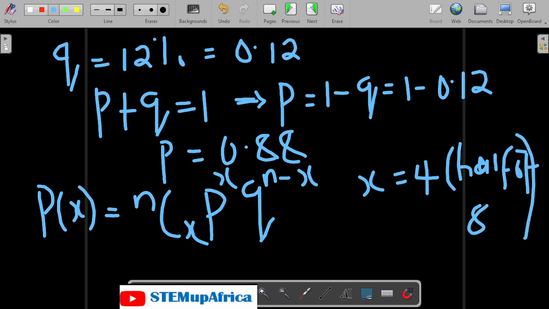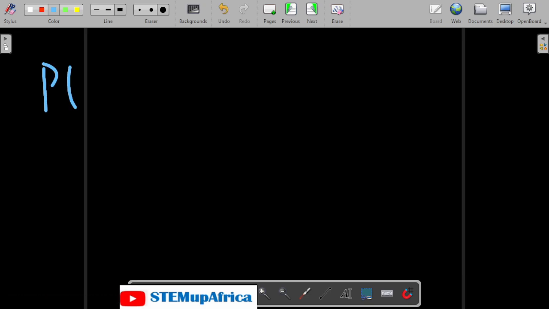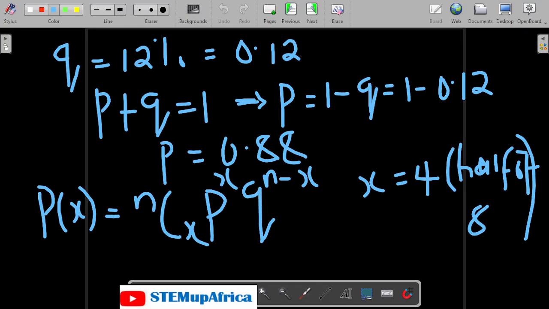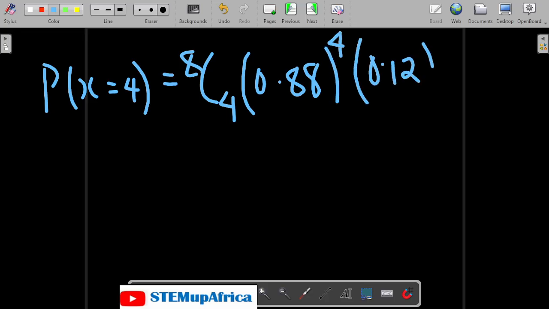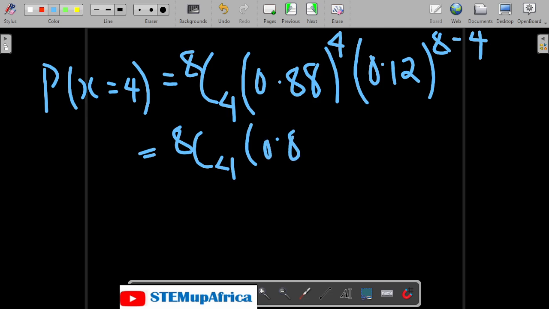So I'm going to have probability X, which is Prob X equals 4. That will give me 8 combination 4. Then I have my P, which is success to be more than 50 kilograms, 0.88 raised to the power 4. If failed to be 50 kilograms, 0.12 raised to the power 8 minus 4. So this will give us 8 combination 4, 0.88 raised to the power 4, and here is now 0.12 raised to the power 4.